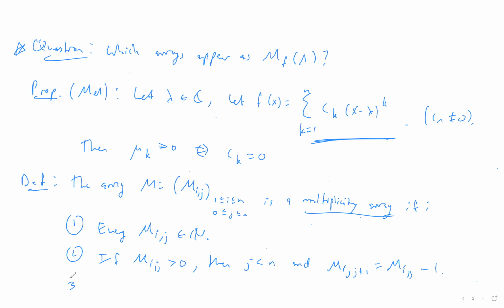And the third is that if you sum the entries in the jth column, you should get at most n minus j. So the sum, i going from 1 to m, of M_ij is at most n minus j for all j.